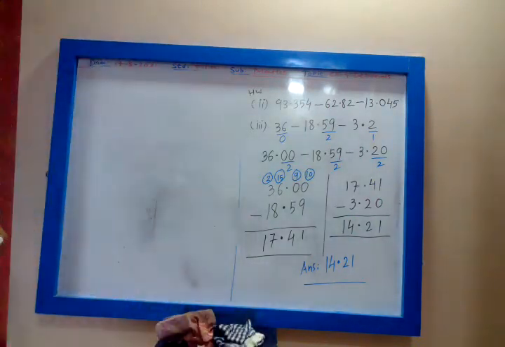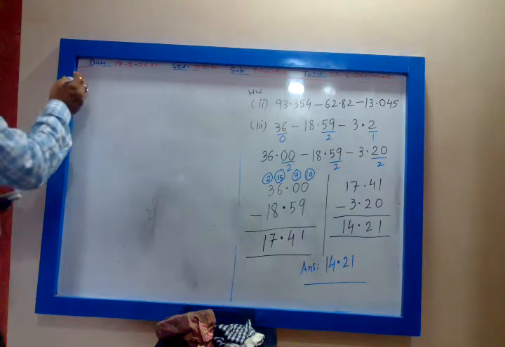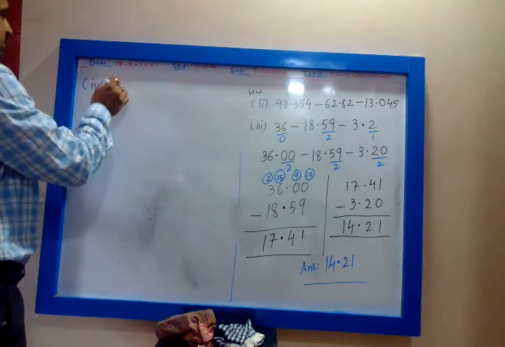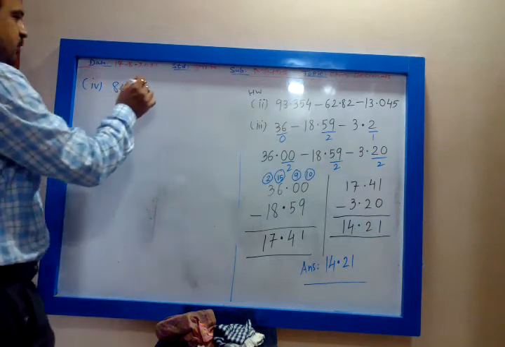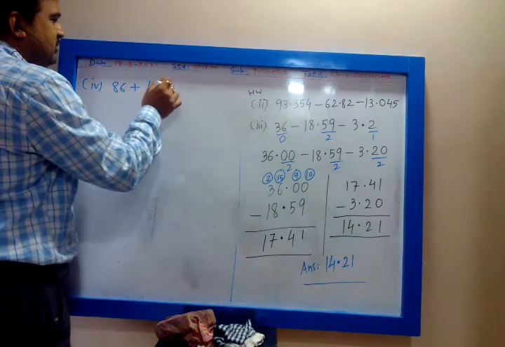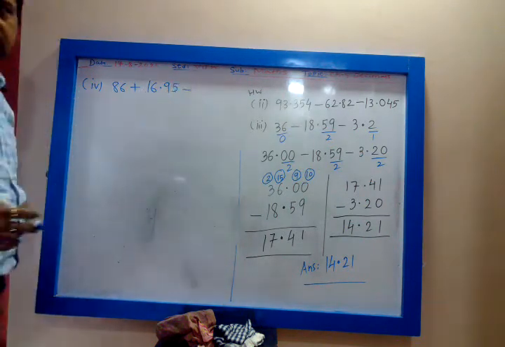Now the fourth one: 86 plus 16.95 minus 3.0042. From my side it is showing very much clear.